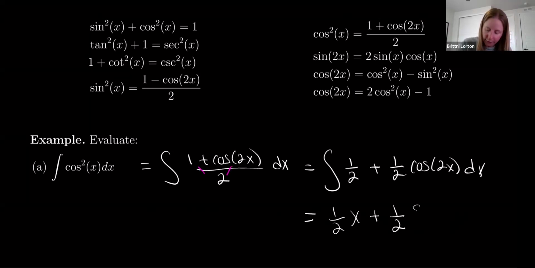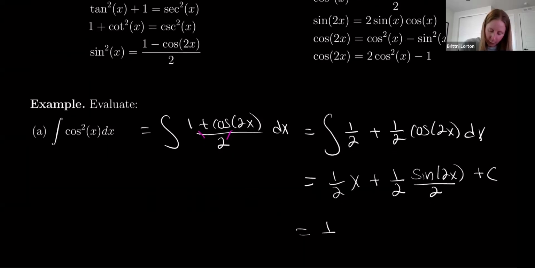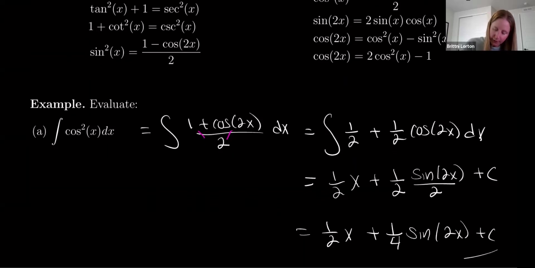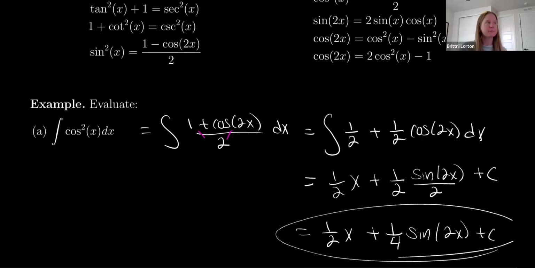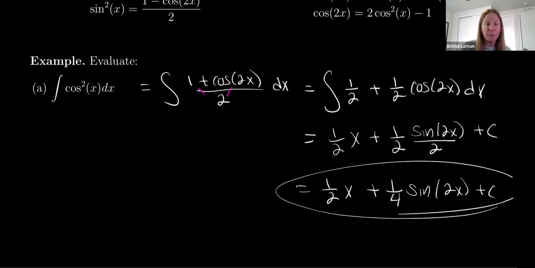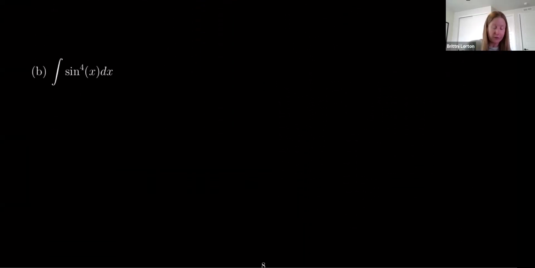The antiderivative of cosine is sine, but of course divided by the constant multiple. So this is 1/2 x plus 1/4 sine of 2x plus c. Ta-da! Not particularly challenging in any way, but just a good reminder that trig identities are going to be very useful for finding antiderivatives.